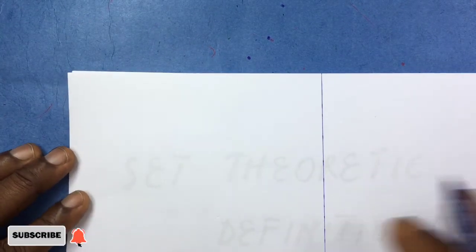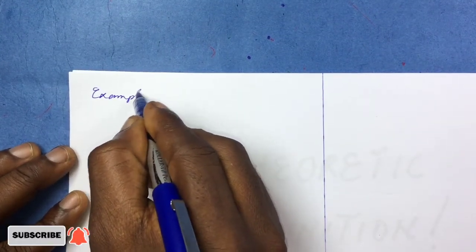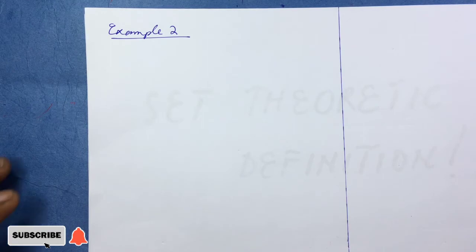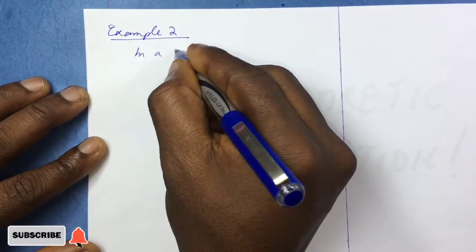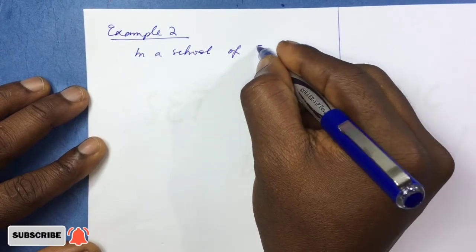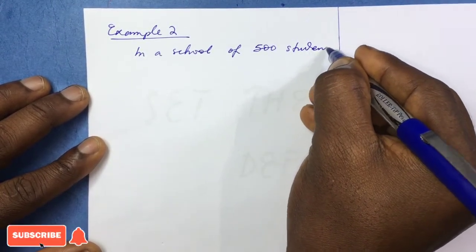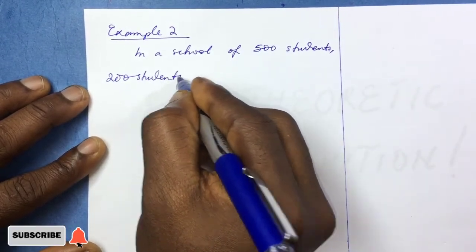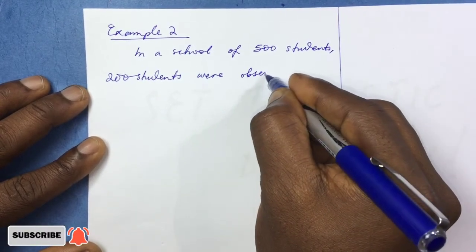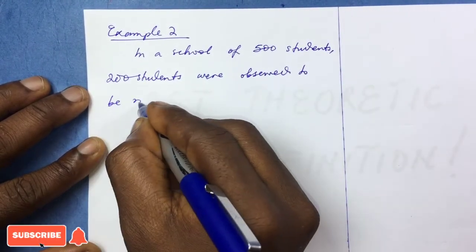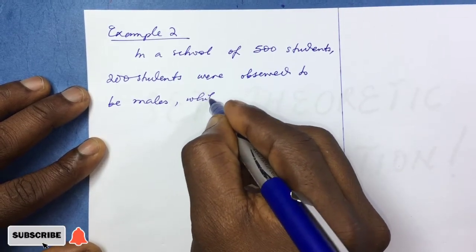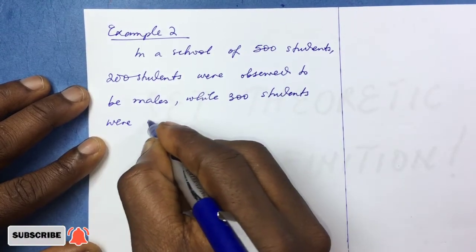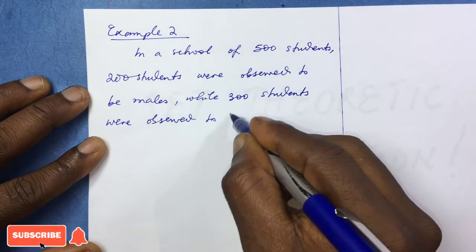Example number 2. Okay? Now, let's assume that in a school of 500 students, 200 students were observed to be males, while 300 students were observed to be females.